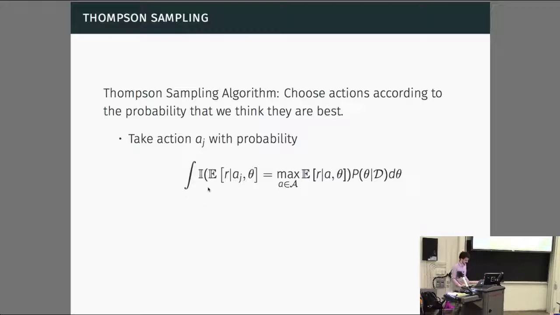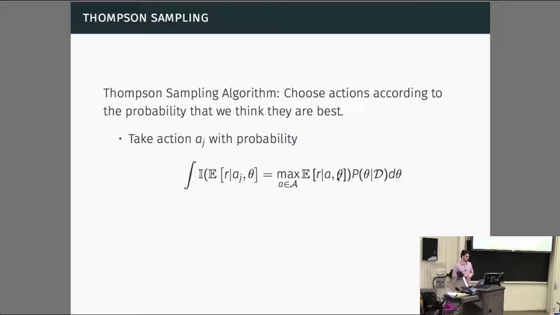Maybe I should write this out. This looks annoying, but it's actually not. It looks more complicated than it is. The first term is an indicator function for the expectation of this action being equal to the expectation of the best action. Our probability distributions are now parameterized by some theta.